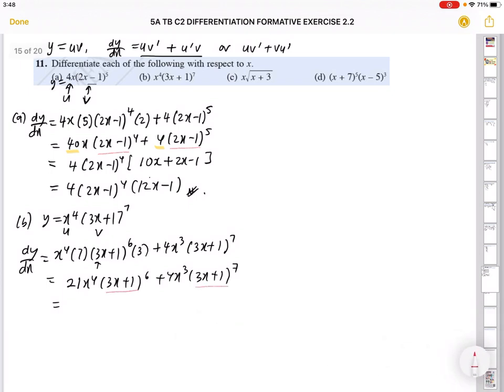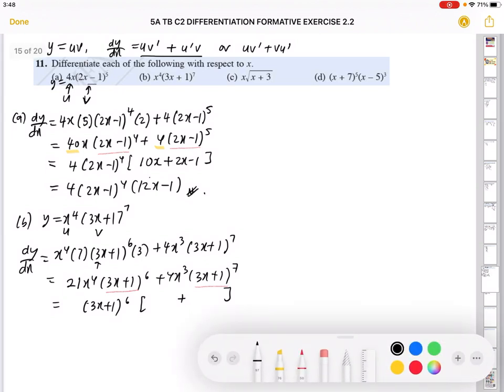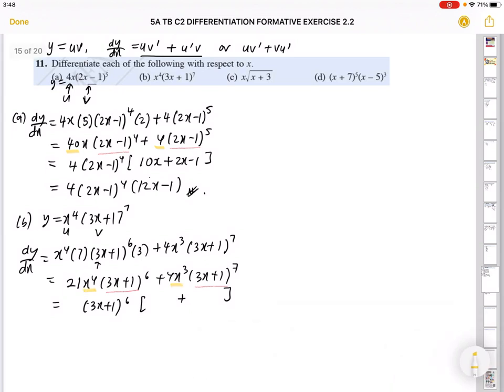What can we take out? We take out the smaller one, power 6. There's a plus sign between. Then x power 3 and x power 4, you can take out power 3, the smaller one. Now the third one, 21 and 4, there's nothing you can do. You don't have a common factor, so we cannot take out.